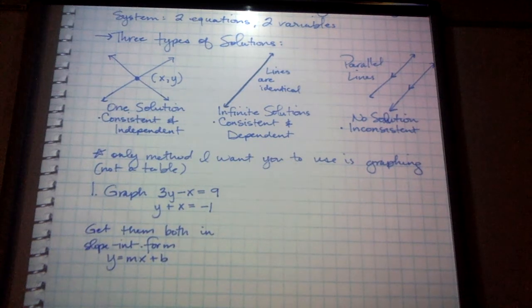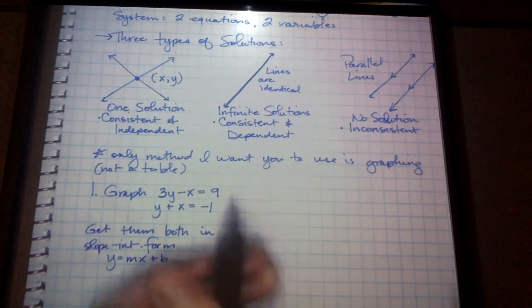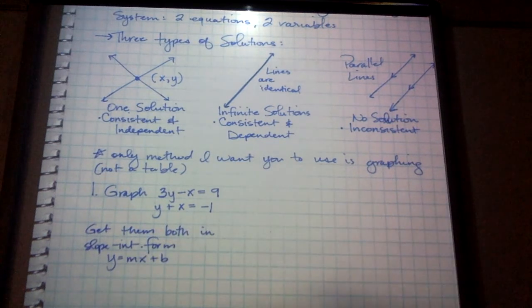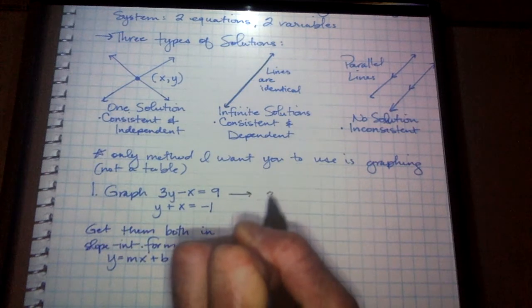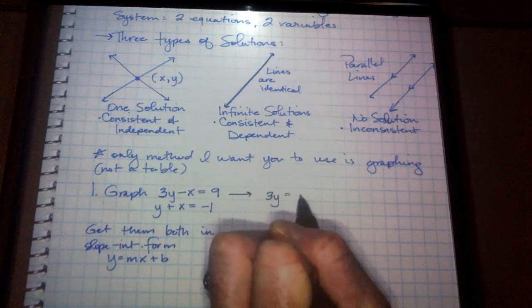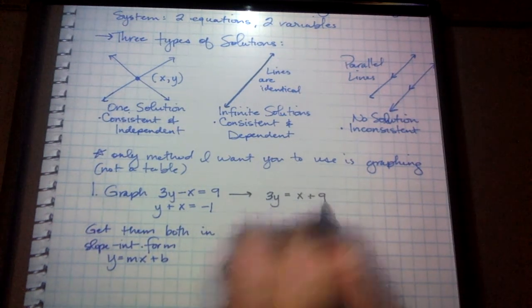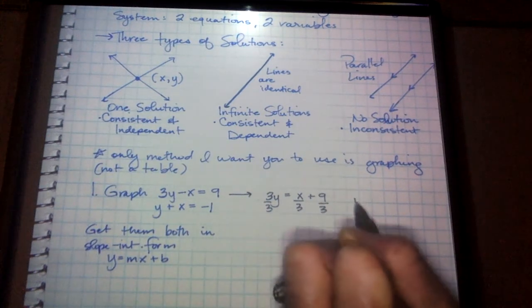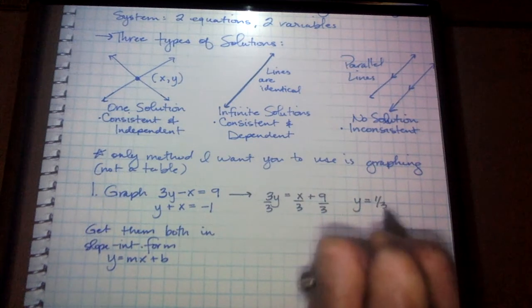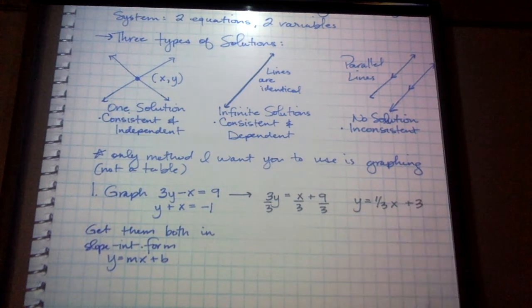So I'm going to rewrite this top one. 3y, I'm going to add x to the other side, and then I'm going to divide by 3. And so y equals 1/3 x plus 3.